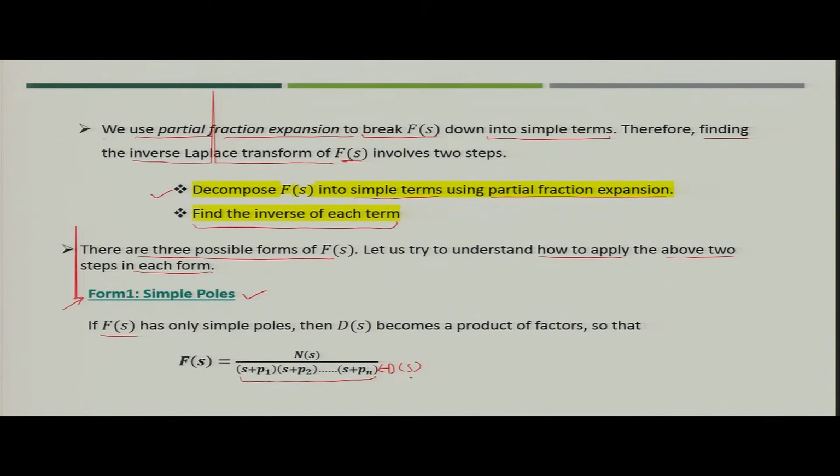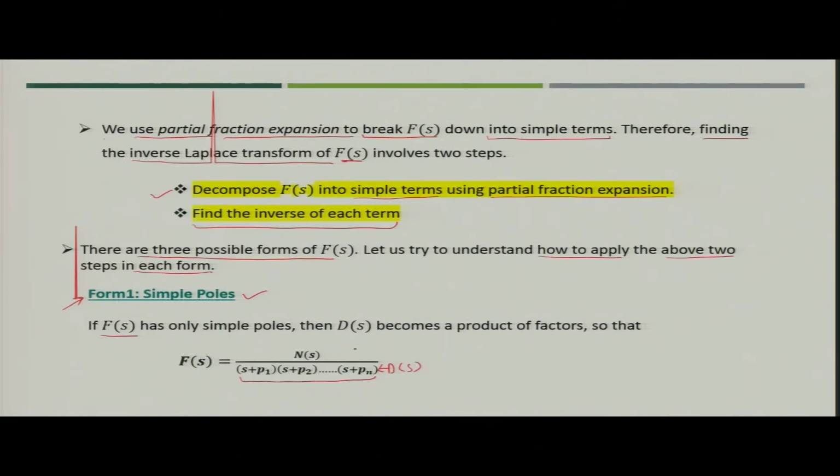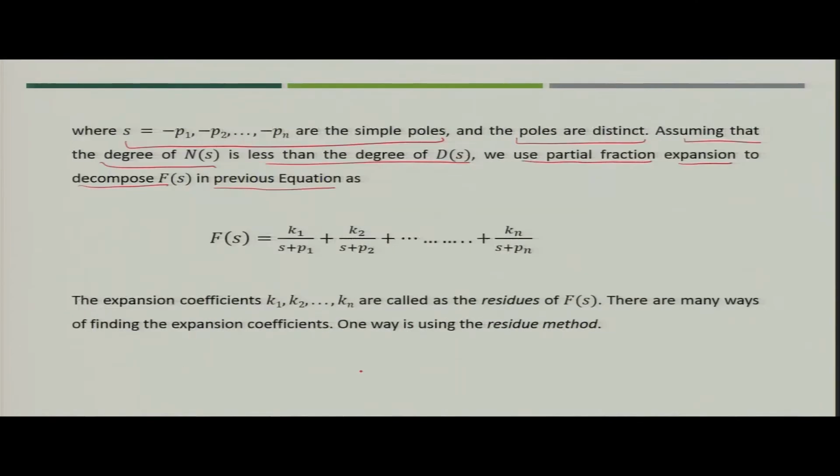So, how will we decompose it? We can represent this function as decomposed terms like k1 upon (s+p1) plus k2 upon (s+p2) and so on, where the expansion coefficients k1, k2 to kn are called the residues of the Laplace transform.